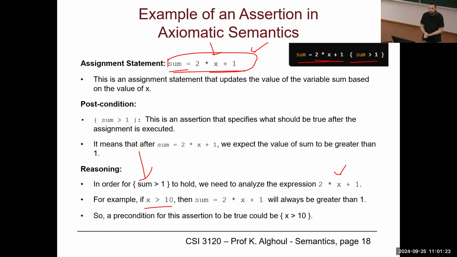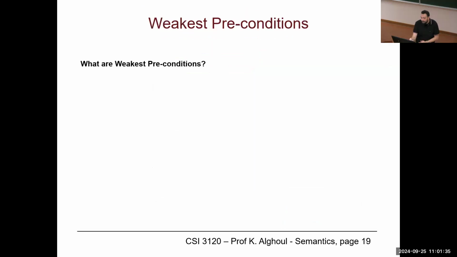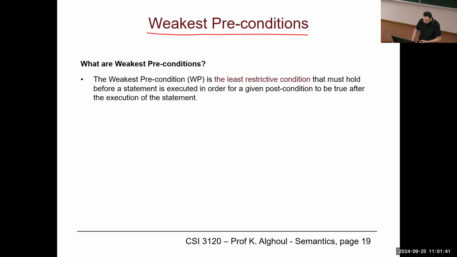It will work. Now, what is the problem with the answer that I gave? There is no problem, but it's not perfect. There may be a bit of ambiguity about it. That's why it's always better for us to have the weakest precondition. The weakest precondition means the least restrictive condition.